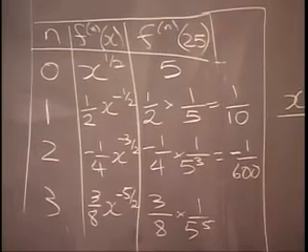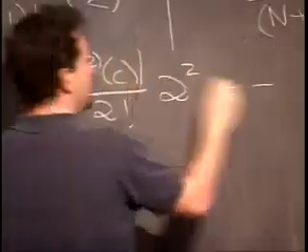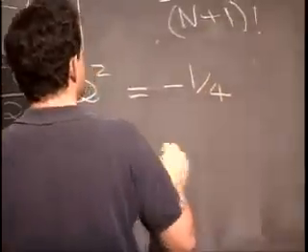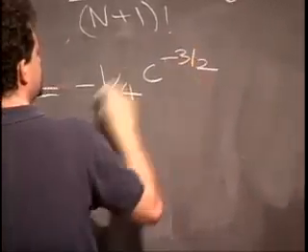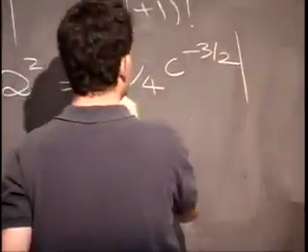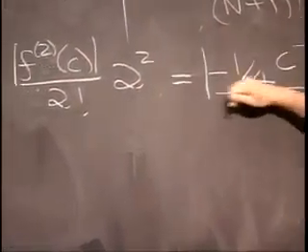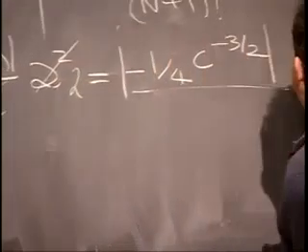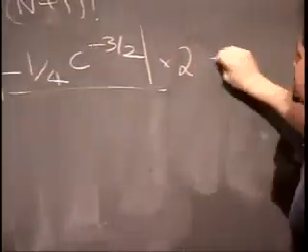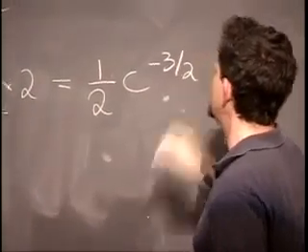The second derivative is minus a quarter c to the minus 3 halves. Absolute value of that. Over 2 factorial is 2, 2 squared is 4, so I'll just cancel this down to a 2. And this is equal to 1/2 c to the minus 3 halves after you take the absolute value.